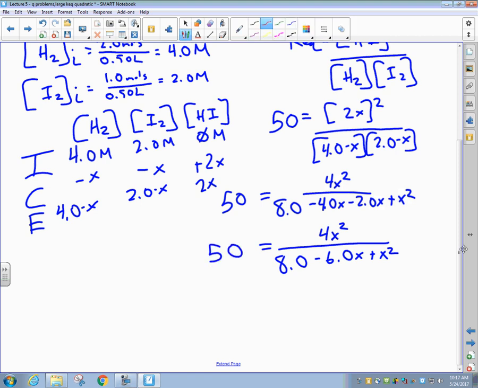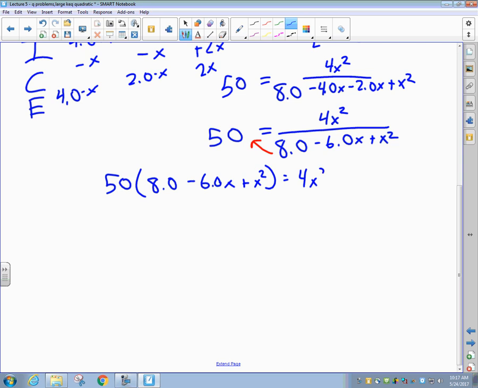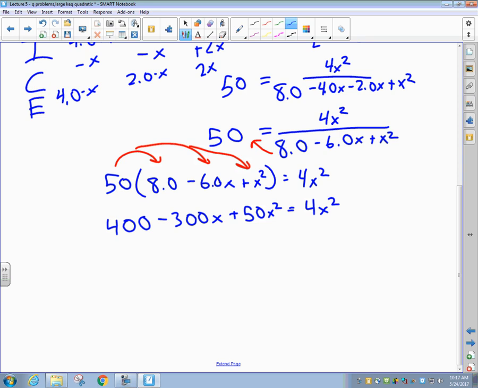I'm then going to move the denominator to the other side, so I'll end up with 50 times 8.0 minus 6.0x plus x squared, and that's going to equal 4x squared. I will now distribute the 50 to the 3 terms in parentheses, so we end up with 400 as our first term, minus 300x as our second term, and 50x squared as our third term, and then 4x squared on the other side.